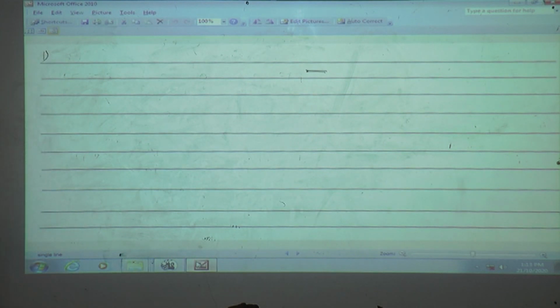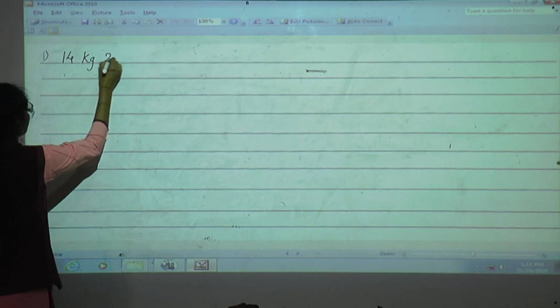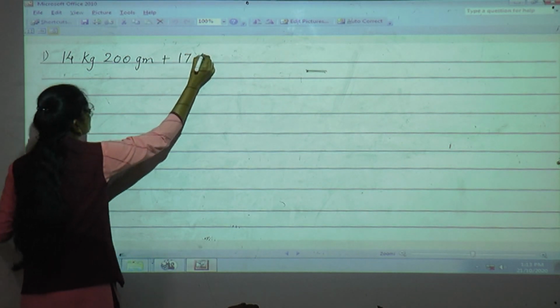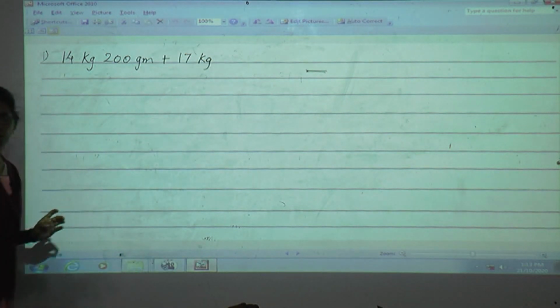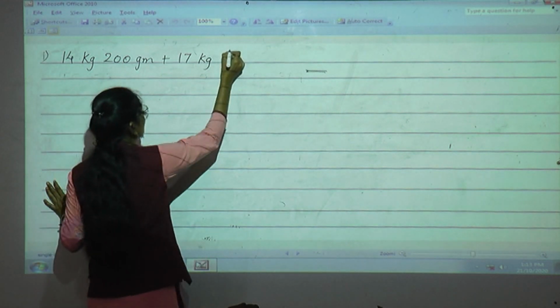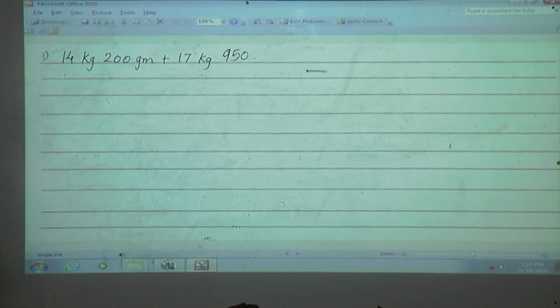So what you have to do, 14 kg 200 gram plus 17 kg 950 grams. Just we have to add these two weights. Okay, then we will get how much rice did he buy in all. So let us do the addition.